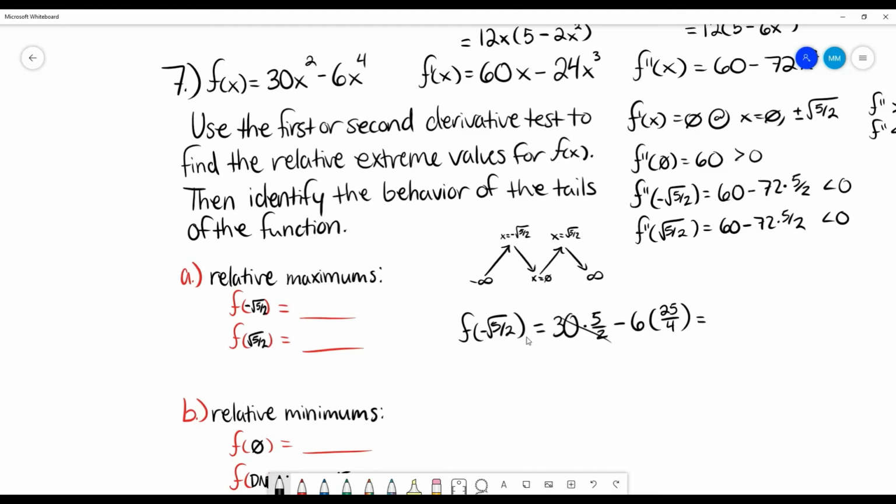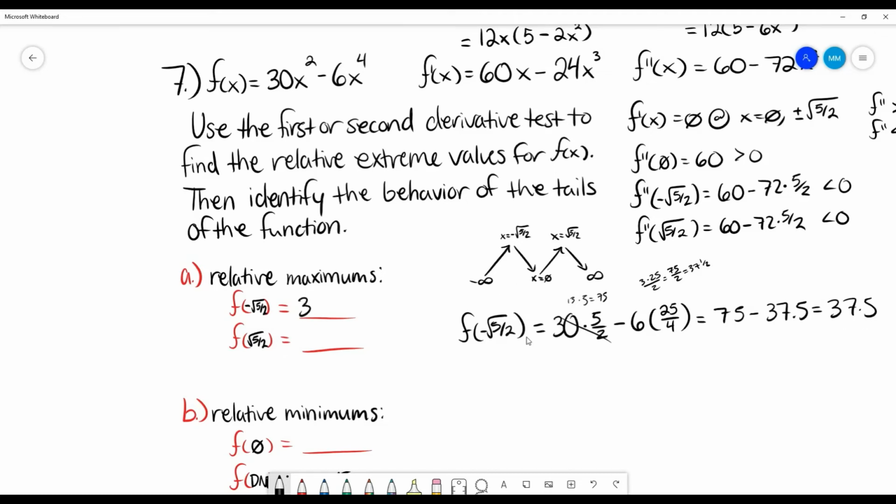So this is now 15 times 5 is 75. So it's a 75, and 3 times 25 over 2 is 75 over 2, and I already figured out that's 37.5. So it's minus 37.5.